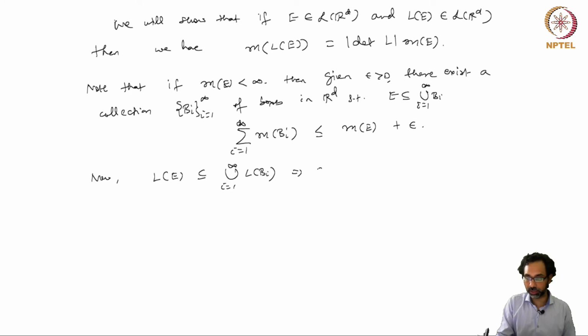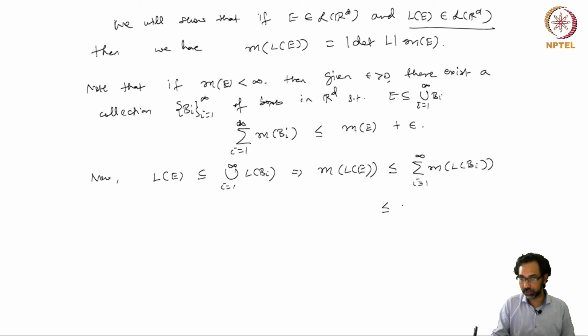So this implies that the outer measure of LE, which is the same as the measure because LE is assumed to be Lebesgue measurable, is less than or equal to the sum of m(LB_i), i equal to 1 to infinity, and this we know is equal to the modulus of the determinant times m(B_i).